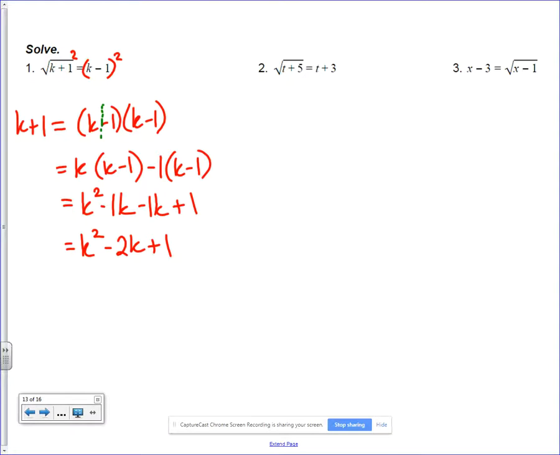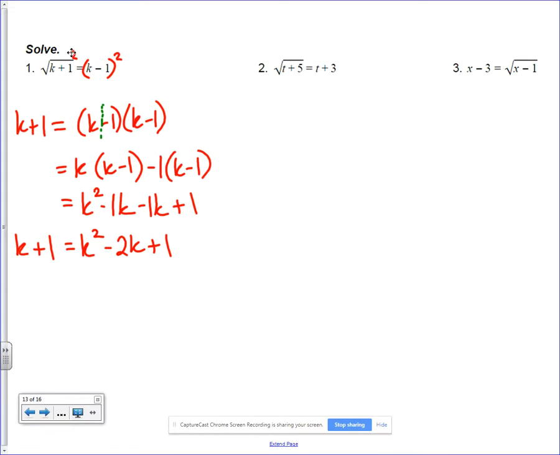How's everybody doing? Just fine? Now, this other side over here is still there, right? Yeah. So, do you have one type of variable or two types of variables? You have two. You've got a k squared and a k, don't you? Which means you got to set it equal to 0 and solve. So, what are we going to move? Would you rather move 3 things or move 2 things? I'd rather move 2 things.